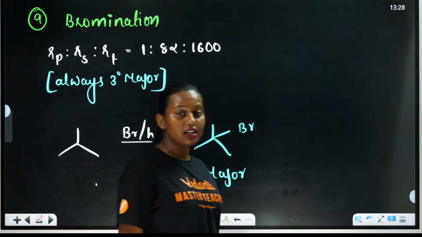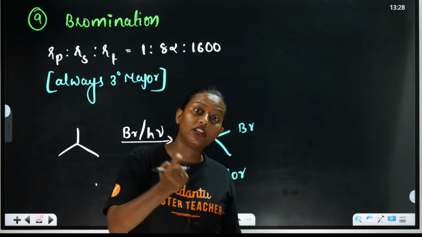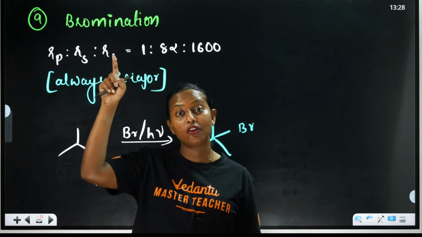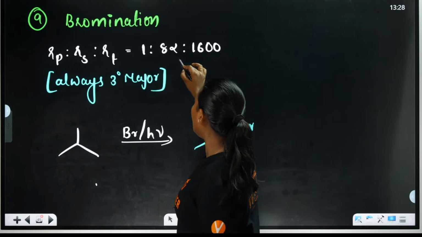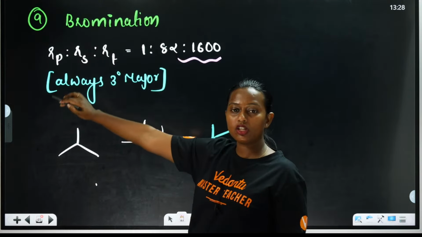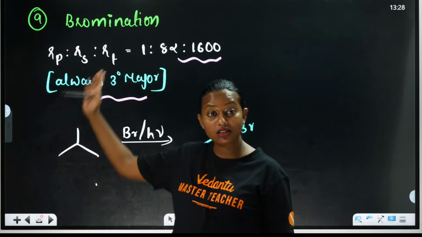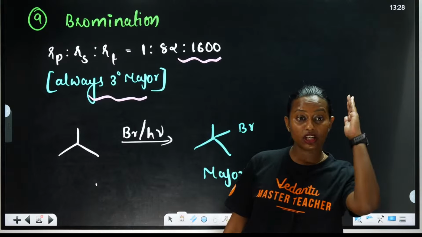When you consider primary rate, it is 1, but secondary rate it is 2. Tertiary rate is 1600. So we can simply say that for bromination, the major product is always tertiary, because the rate is 1600.